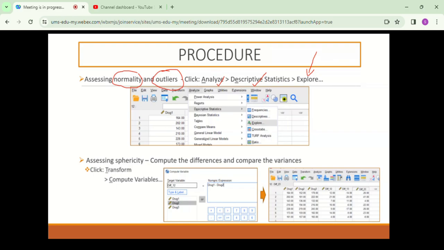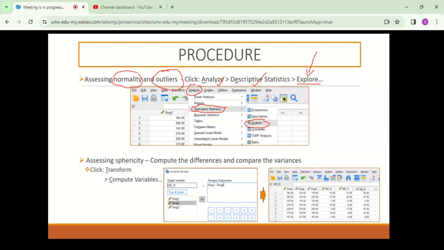Click Analyze, Descriptive Statistics, and then we have another drop-down list. You click on Explore. This is how to check the normality and outliers.